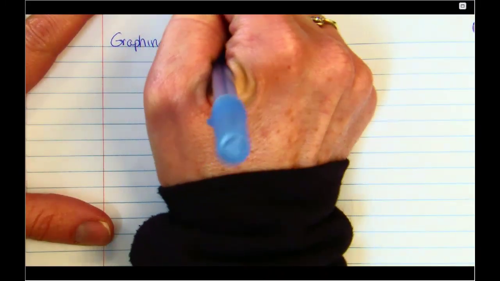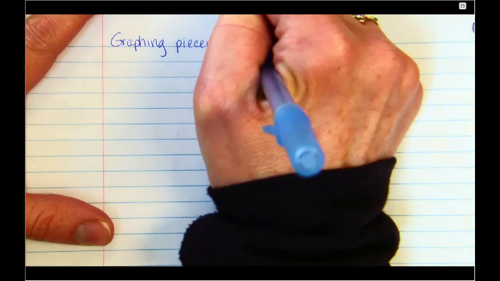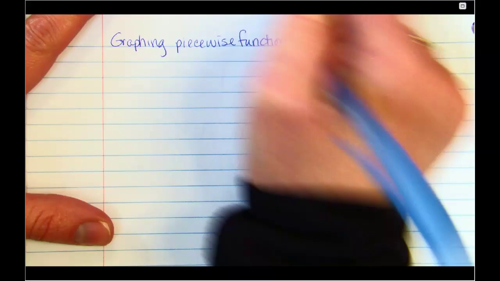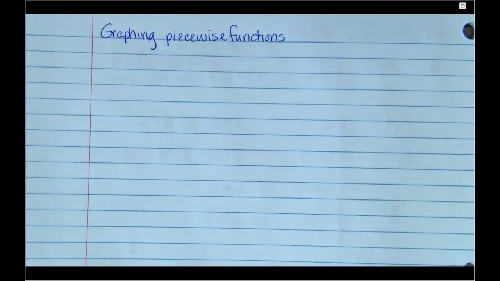Graphing. You don't have to read it out loud. Okay? So, I'm going to teach you how to graph these. It is not difficult, but it's a lot of writing things down.